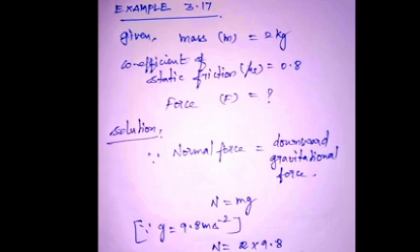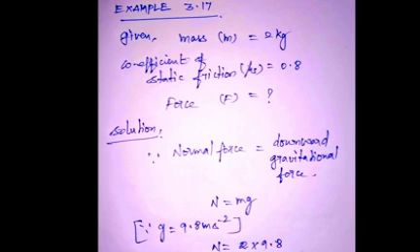So I am going to equate N is equal to mg. Since we know g is equal to 9.8 meter per second square, and substituting here, N is equal to 2 into 9.8. Just keep this value. Why? Because for calculating the static friction, we know F of s equals mu of s into N, isn't it?